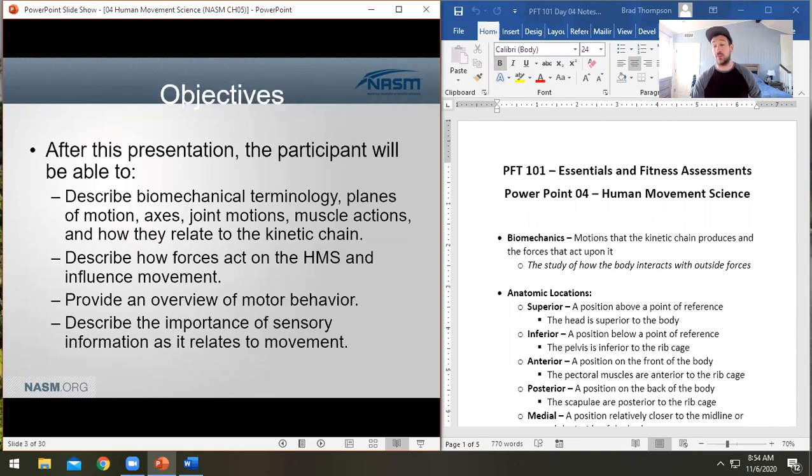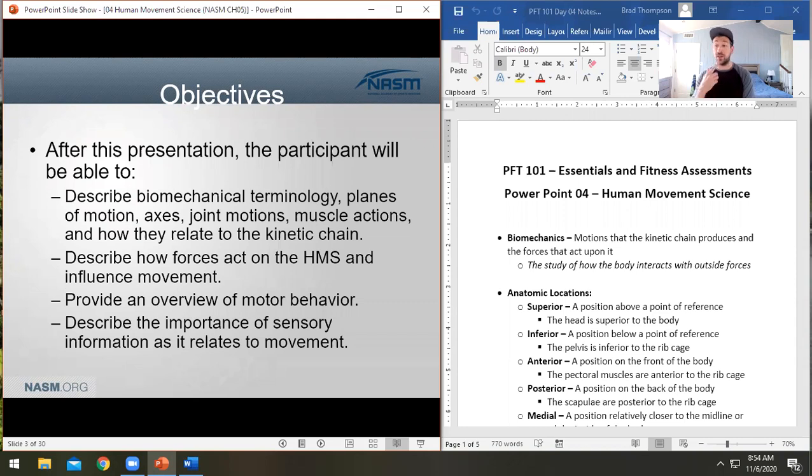The reason we have all this terminology is because that is what allows us to talk the talk. There's nothing that's going to be left for interpretation. We're not going to say up, we're going to say superior, right? We're not going to say lift it out away from your body, we're going to say abduct. That way nothing is ever up for interpretation.